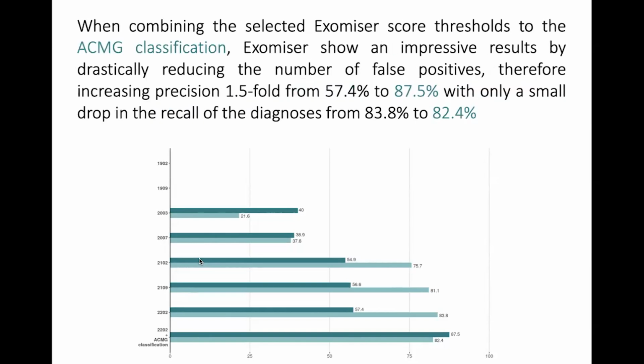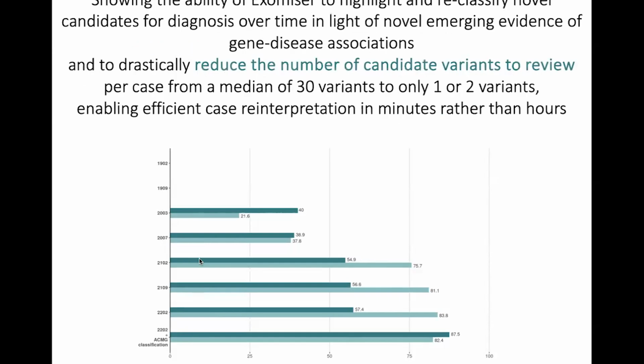When combining the selected Exomiser score thresholds with the ACMG classification, Exomiser actually shows very impressive results by drastically reducing the number of false positives, therefore increasing the precision to 87.5% with only a small drop in recall to 82.4%.